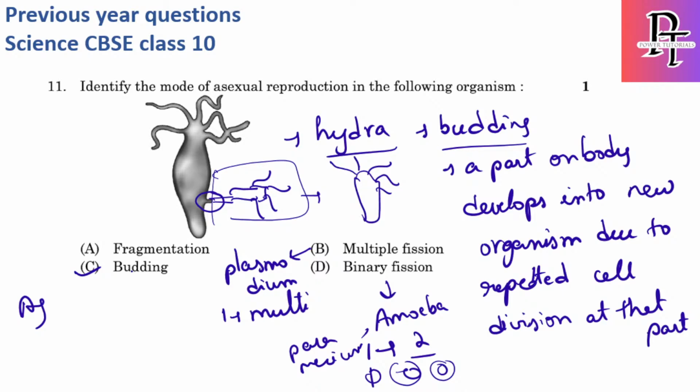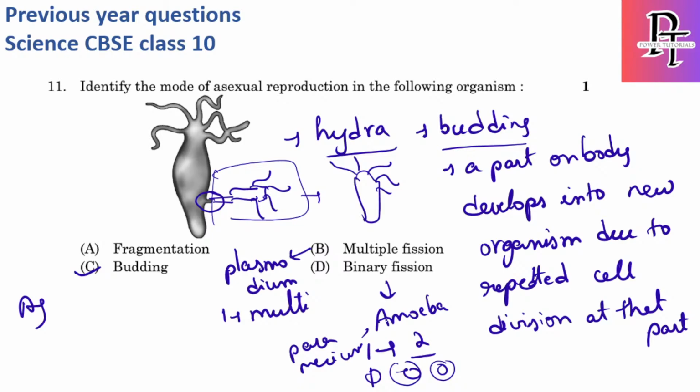But as of now, just remember this is for Hydra. Hydra is for budding. So what is budding? A part on the body develops into a new organism due to repeated cell division at that part. In multiple fission, which happens in plasmodium, one cell is divided into many, and in binary fission one is divided into two.